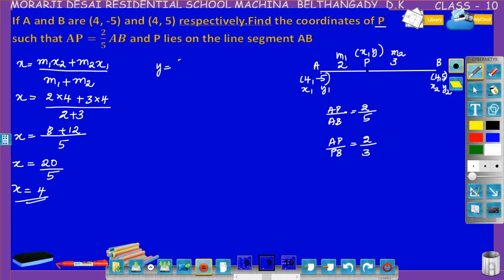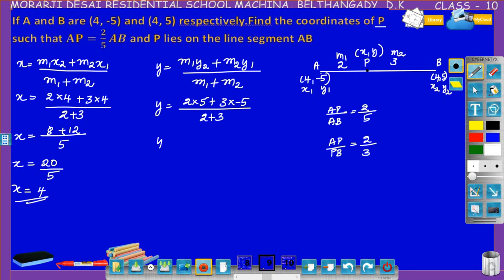And to find y coordinate, formula is m1 y2 plus m2 y1 divided by m1 plus m2. m1 y2 is 2 into 5 plus m2 y1 that is 3 into minus 5 divided by m1 plus m2, 2 plus 3. So y is equal to 10 plus 3 into minus 5 is minus 15 divided by 5.